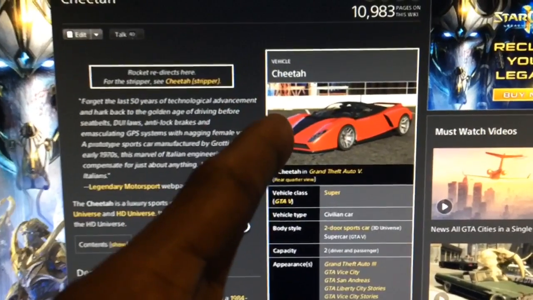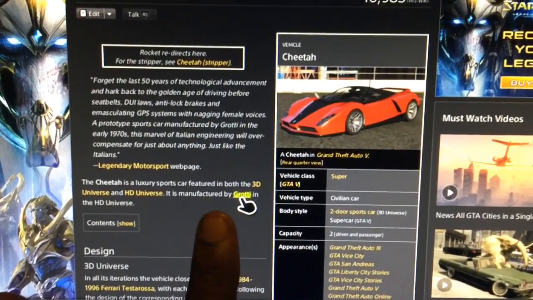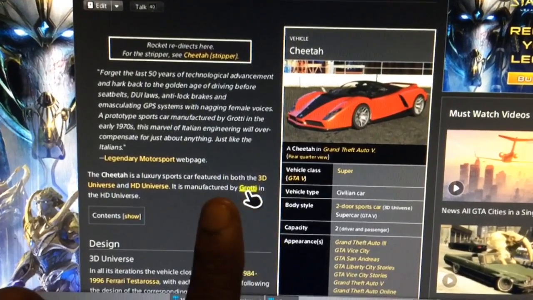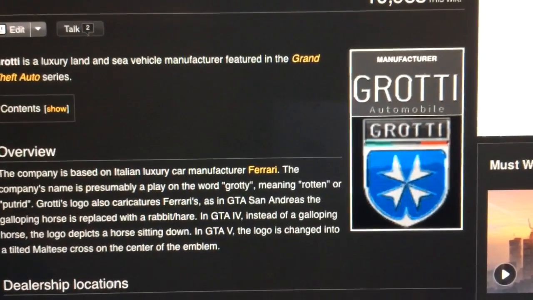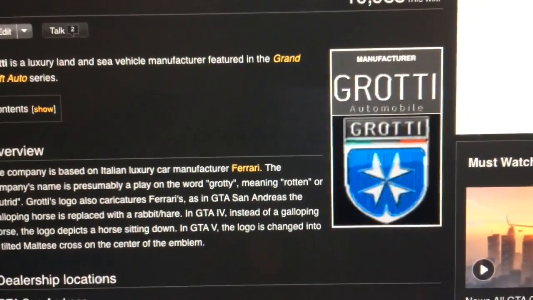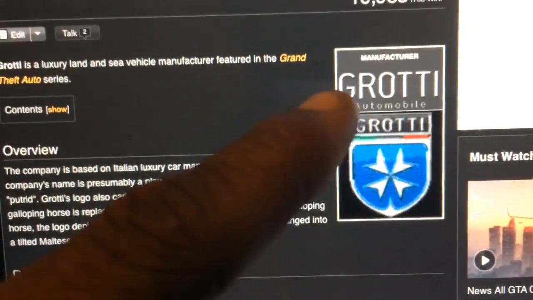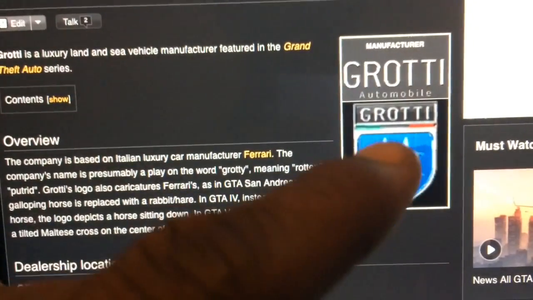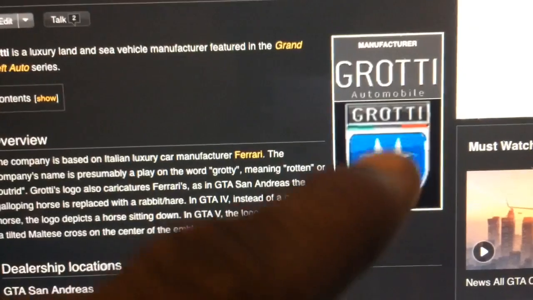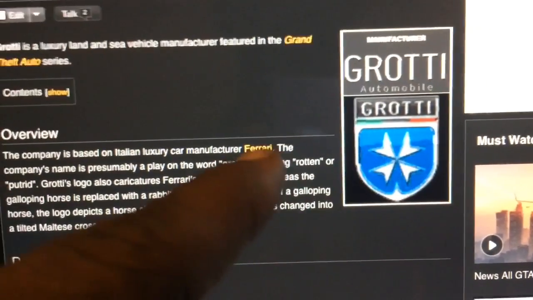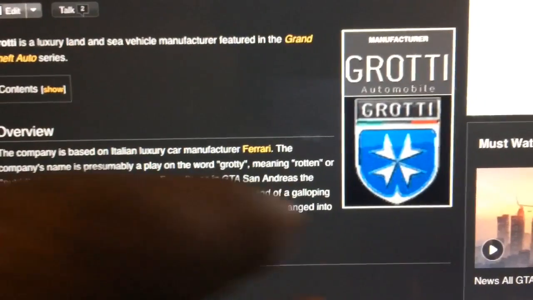This Cheetah car is manufactured by the in-game company Grotti. And for some reason, you guys, Grotti is a Maltese cross, tied to all of the clues that I showed you right before all of this. Now, this is what I mean. Why would all of these things be connected if they were not relevant in this grand scheme of progress that they are showing?